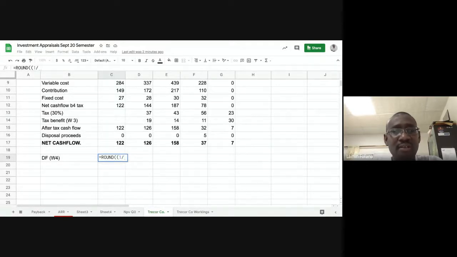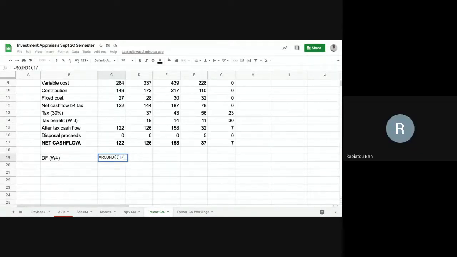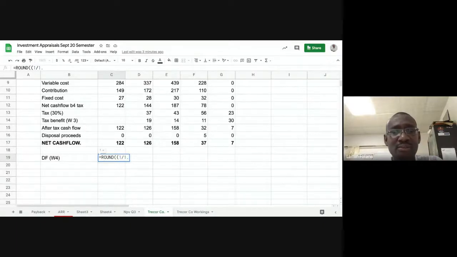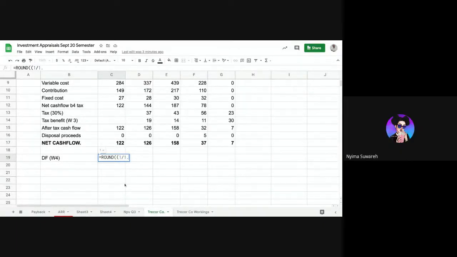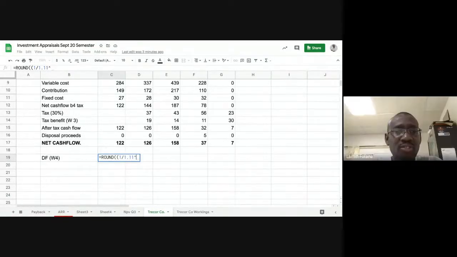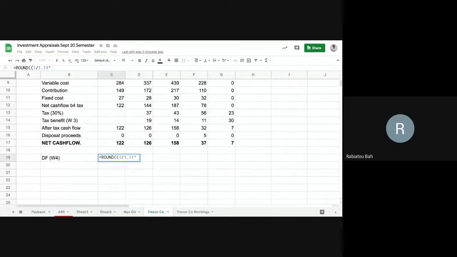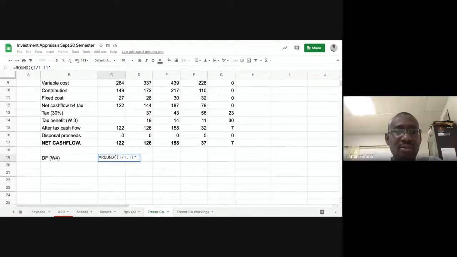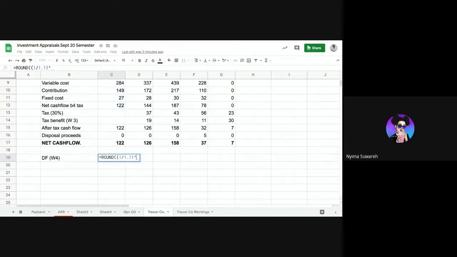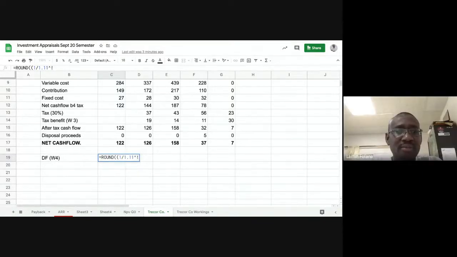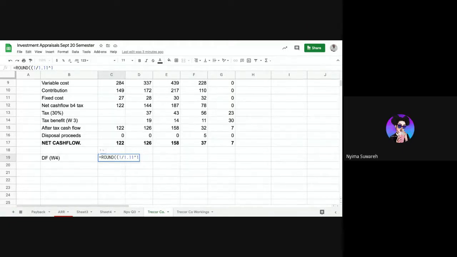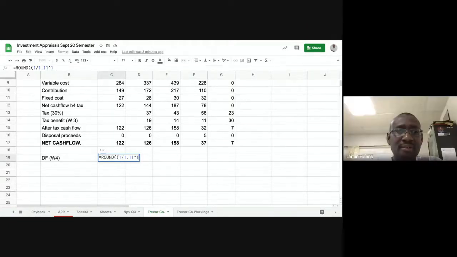We say 1 over, 1 plus 0.11, so we just say 1.11, raised to power 1, because we are on year 1 now. Close bracket.